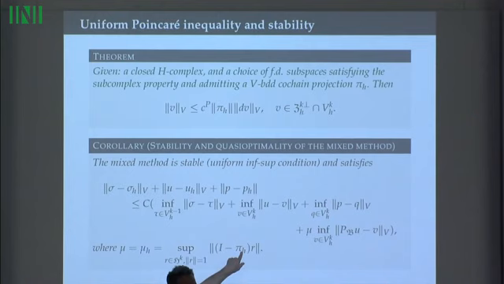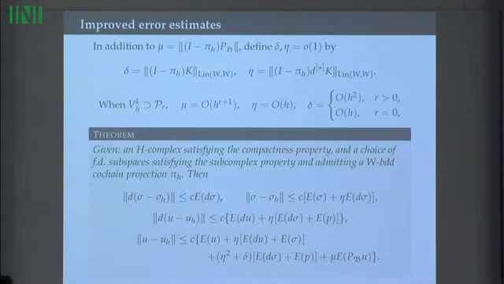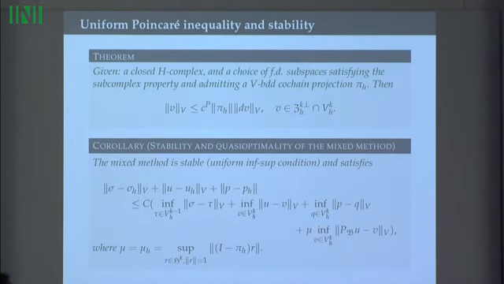That'll also be H to the R. But that means you need, for these projections, you also need some approximation properties. Yes, remember that's why the properties were labeled 1, 2, and 3. That's 1. So otherwise, this theorem is true as it stands, but even these terms, why do they go to 0? Well, that's approximation properties. The best approximation is only a good thing if the best approximation is small.